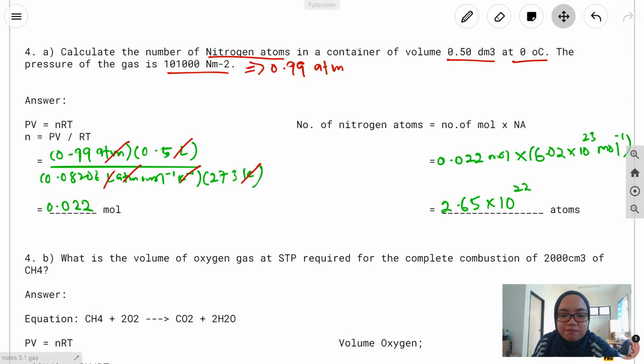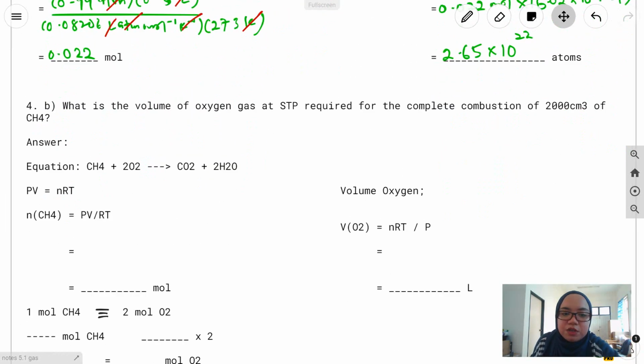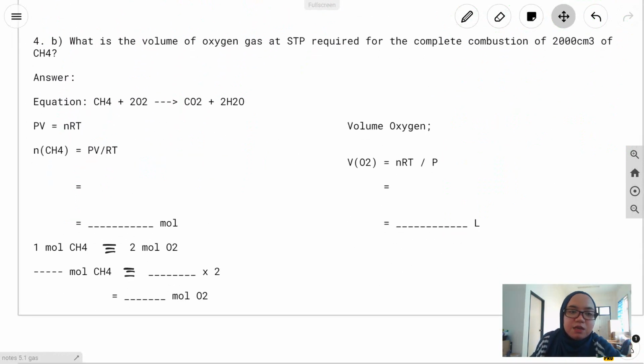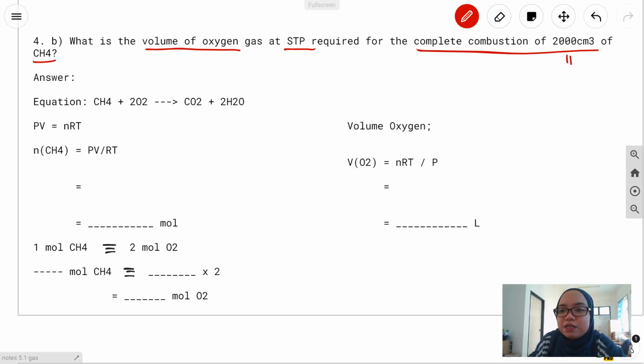Okay, can you understand? Next, we are going to look at question 4B. So, what is the volume of oxygen at STP? It wants the volume of oxygen gas at STP required for the complete combustion of 2000 centimeter cube of CH4. You need to convert this into 2 liter, or 2 decimeter cube.